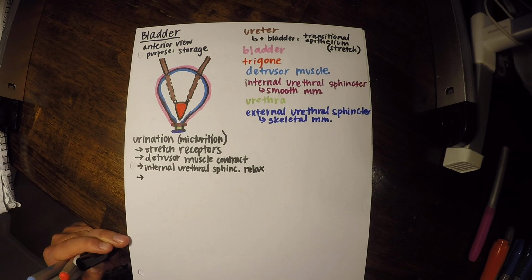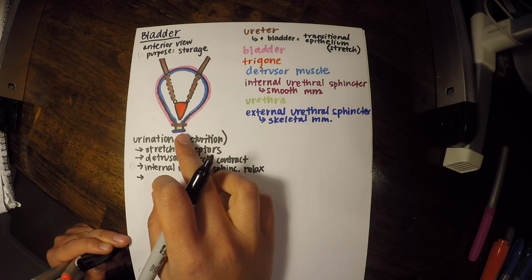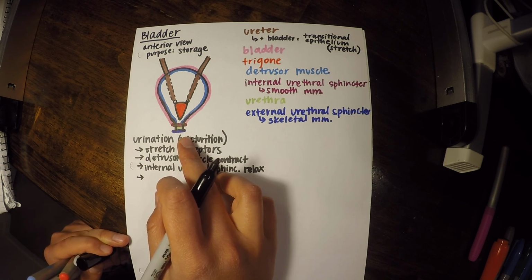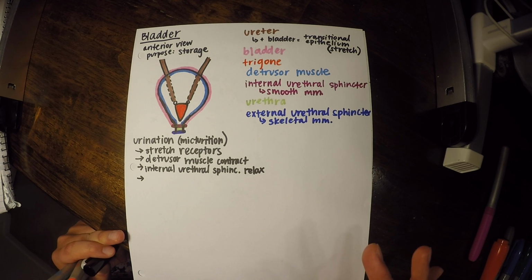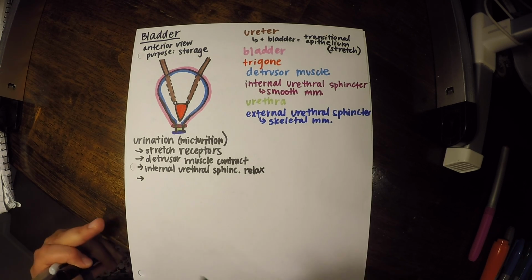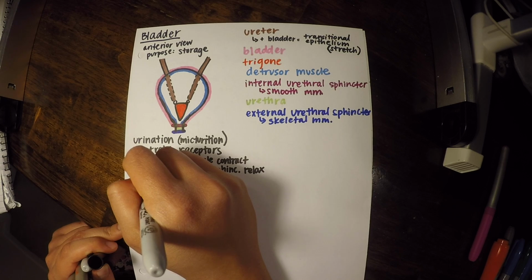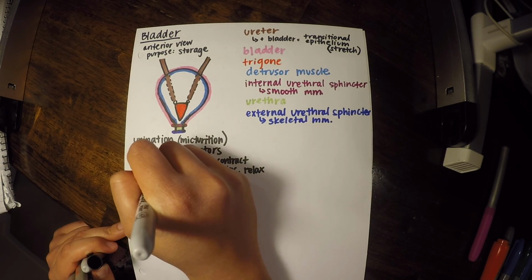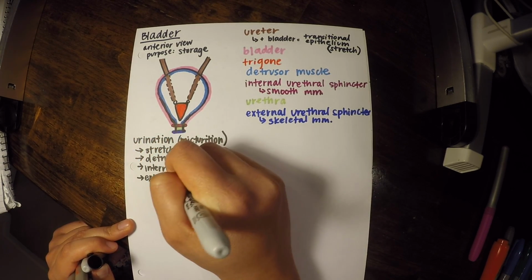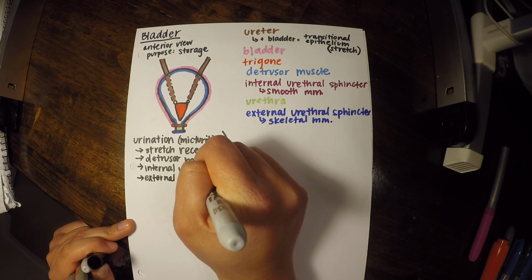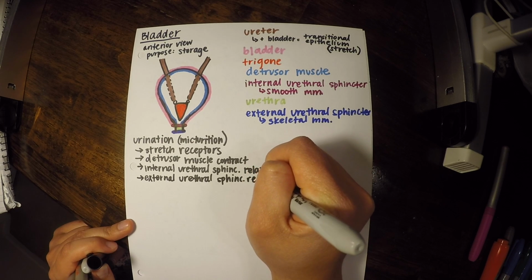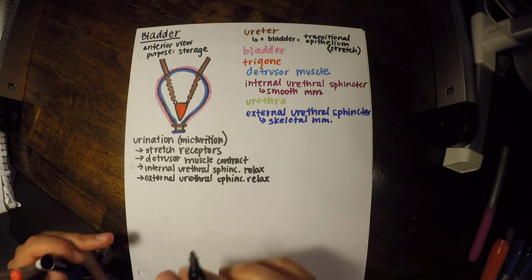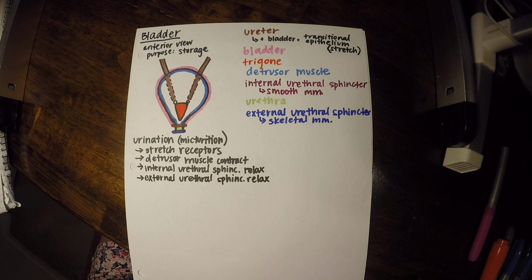Oftentimes we'll contract that external urethral sphincter and maintain that contraction until we go find a toilet, at which point we will actively relax the external urethral sphincter and allow for urination to take place. So those are the different steps that go on during urination.